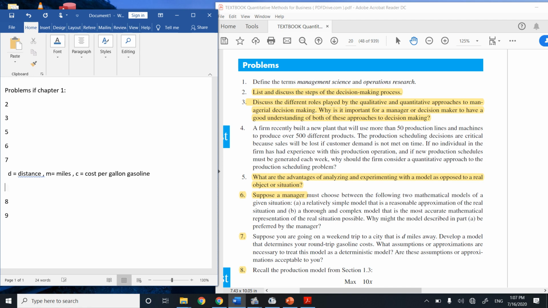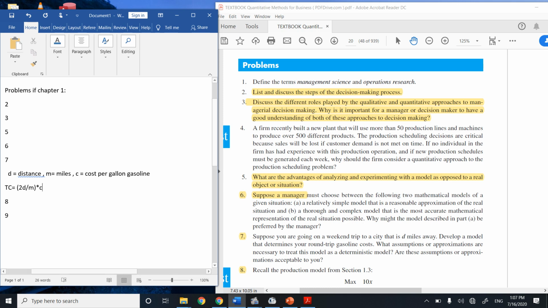So what will be our model over here? The total cost equals 2 times distance divided by the number of miles per gallon, multiplied by cost.